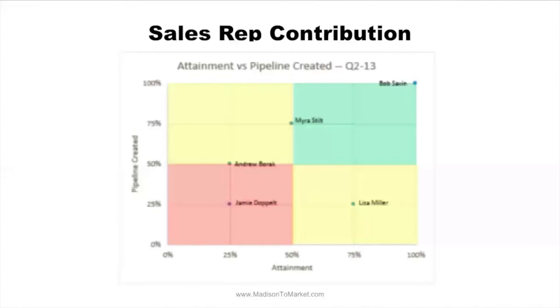Right. It looks like, if I'm Lisa Miller's sales manager, she's on the lower right. Yep. She's had a great quarter, but most likely next quarter she'll probably fall a little short. It looks like she'll have to get back into creation mode again. That is just a good signal to determine.